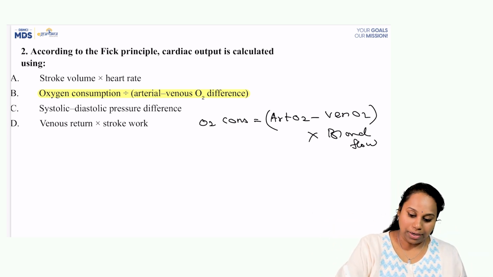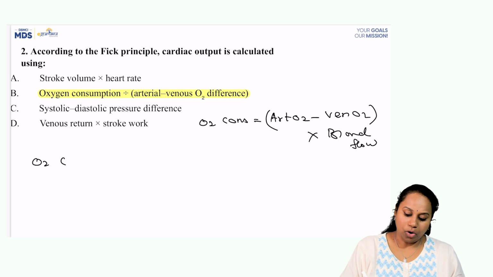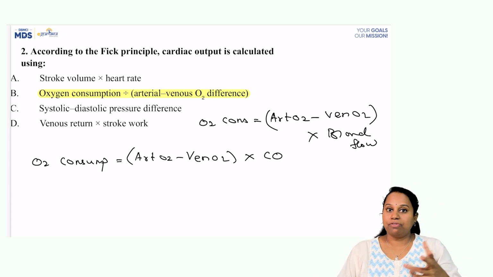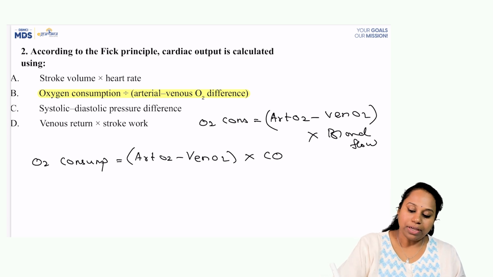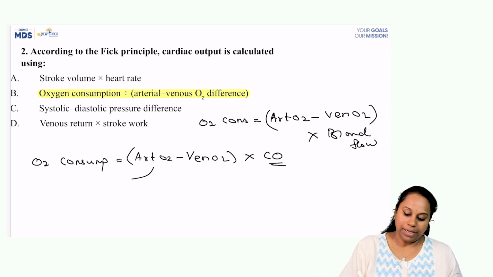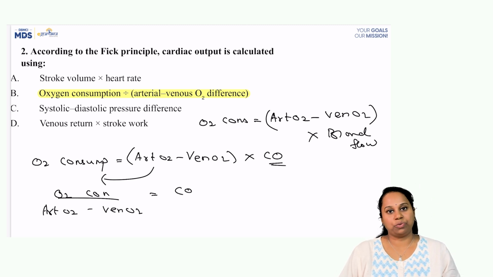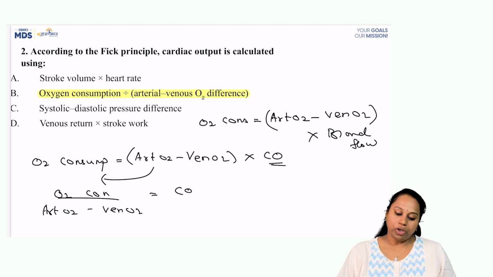So oxygen consumption is equal to arterial oxygen minus venous oxygen multiplied by cardiac output, because blood flow of the heart is cardiac output. If I keep cardiac output on this side and take the rest to the other side, cardiac output equals oxygen consumption divided by arterial oxygen minus venous oxygen. So the best option would be option B.